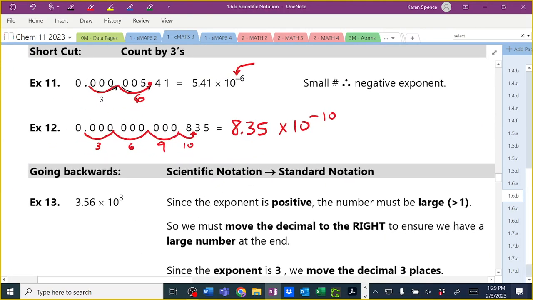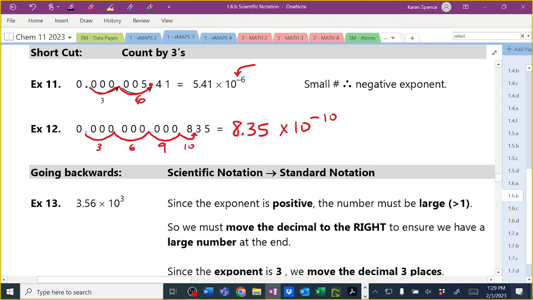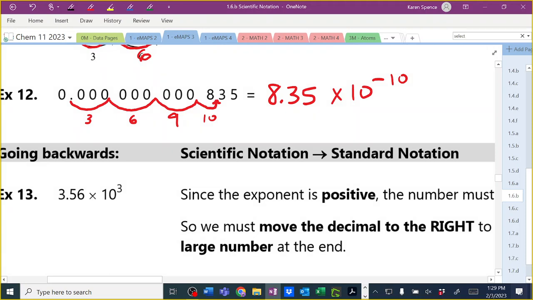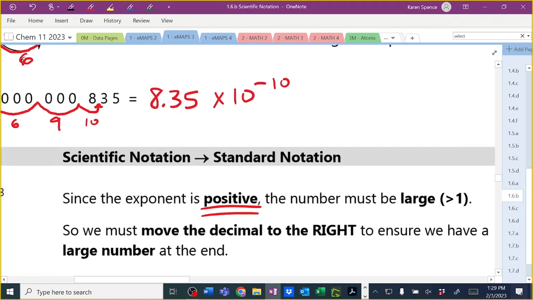This is actually easier, even, I think. 3.56 times 10 to the 3. Now, instead of saying it's a large number, therefore the exponent is positive, now we say the exponent is positive, therefore the number must be large.